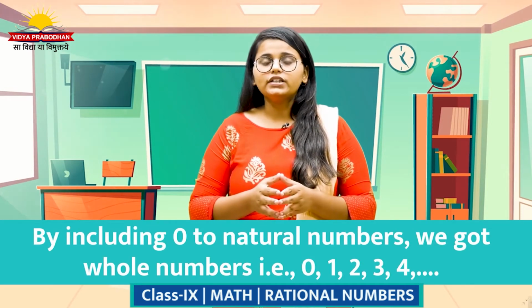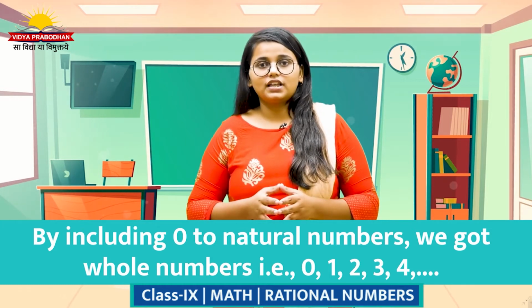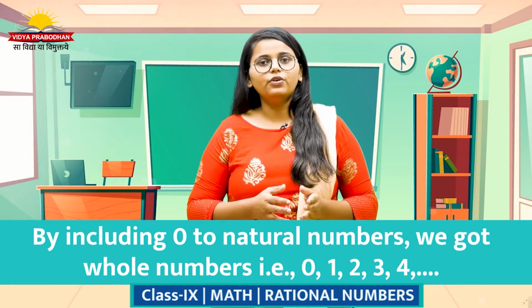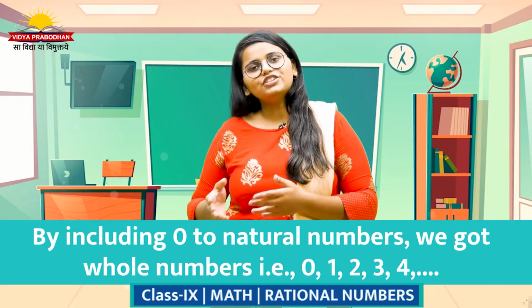Earlier, we began our study of numbers with counting numbers or natural numbers, that is 1, 2, 3, 4 and so on. By including 0 to natural numbers, we got whole numbers, that is 0, 1, 2, 3, 4 and so on.